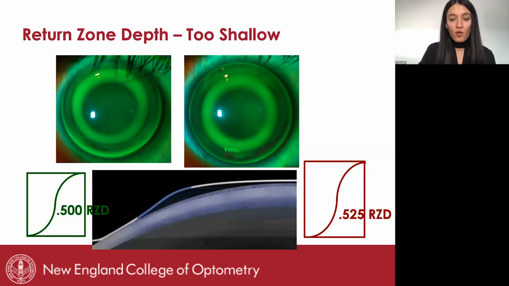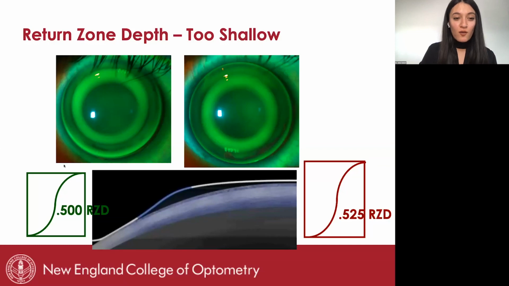So what happens if your return zone is too deep? So your return zone or your secondary curve, if that lens is too deep, you'll actually see that lens riding up. Okay, so you'll see here, for example, we have a really large area of central touch zone, which indicates that this lens is effectively too flat and that RZD is too shallow. Sorry, too shallow. I was talking about being deep, but I mean too shallow.